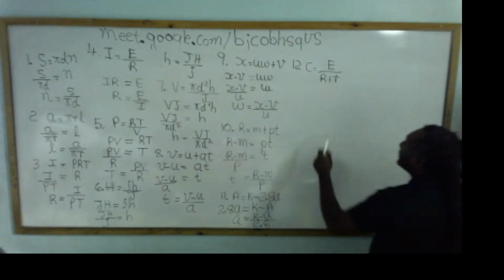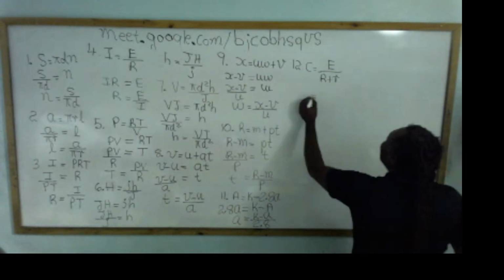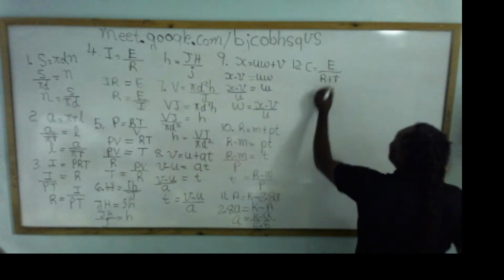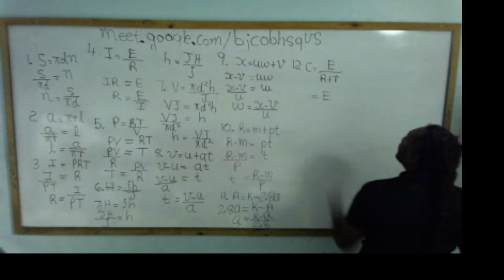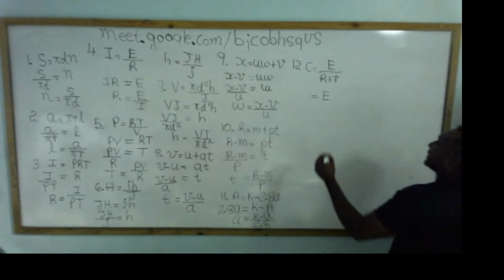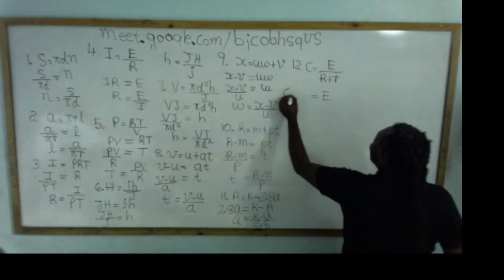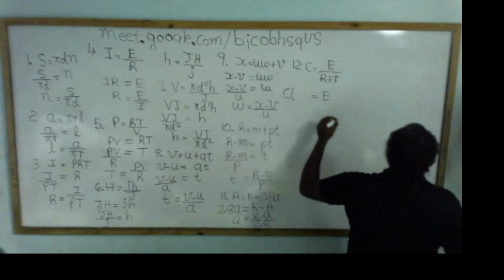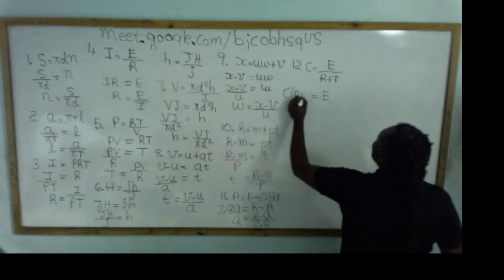On the right hand side, we multiply by R plus R, and the R plus R will be eliminated, the E is left. On the left hand side, we take the C and multiply by all of R plus R.